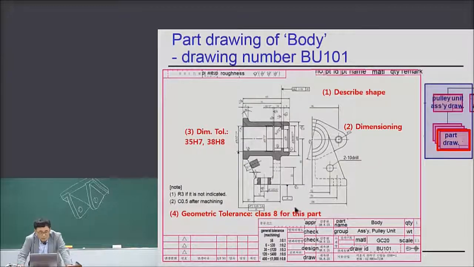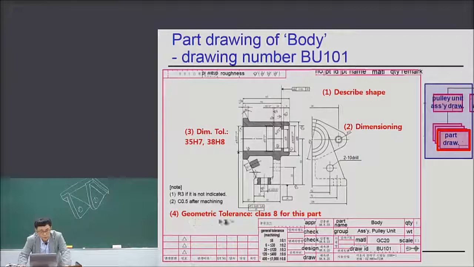So for this body, H7 and H8, the IT class for accuracy is around class 7 or class 8.